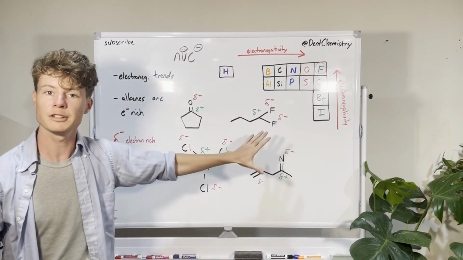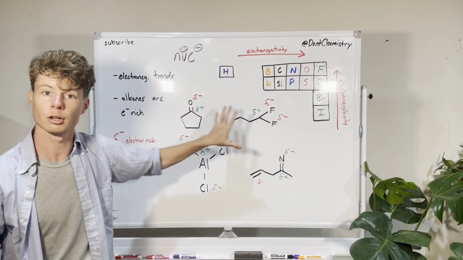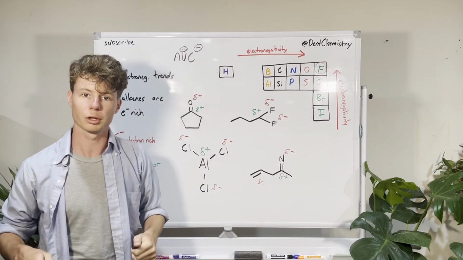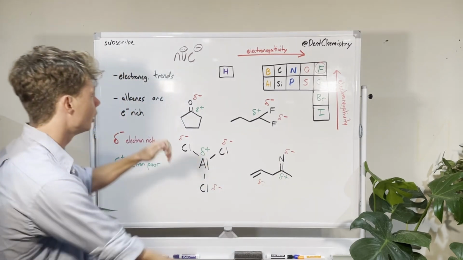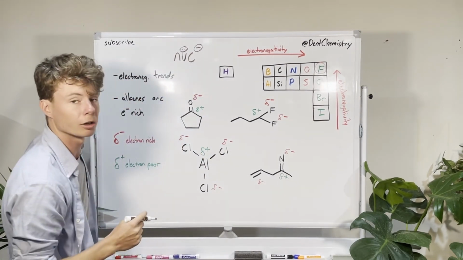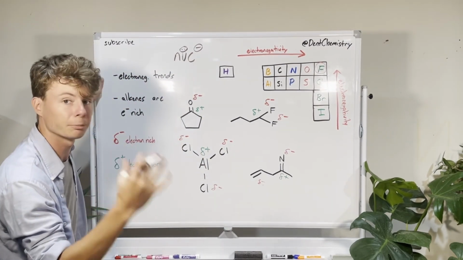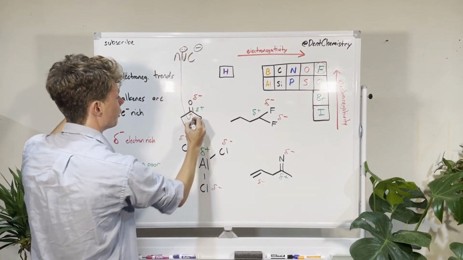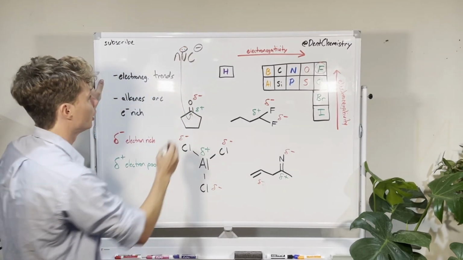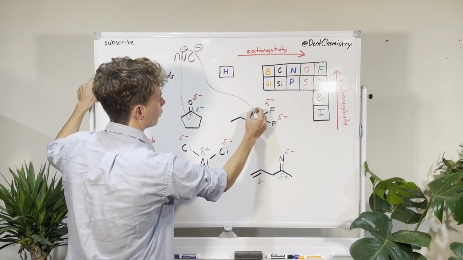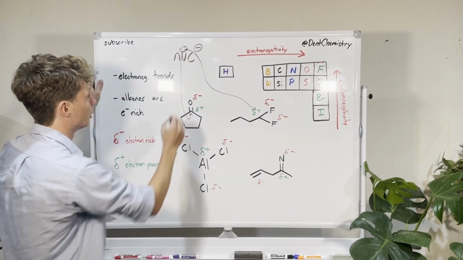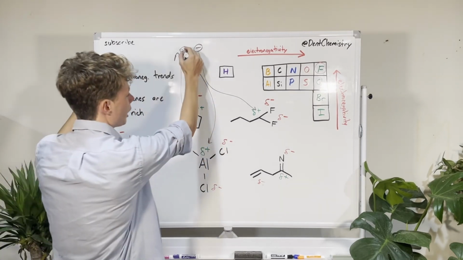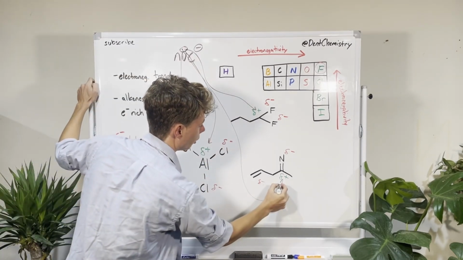And because we've identified where those positive charges are going to be located in our molecules, we can predict where our nucleophile is going to attack. I have a nucleophile here with negative charge. It's going to attack areas of positive charge. So we would expect our nucleophile to attack this carbon here, and it would likely attack this carbon right here. It might attack this aluminum right here, and it might attack this carbon all the way down there.